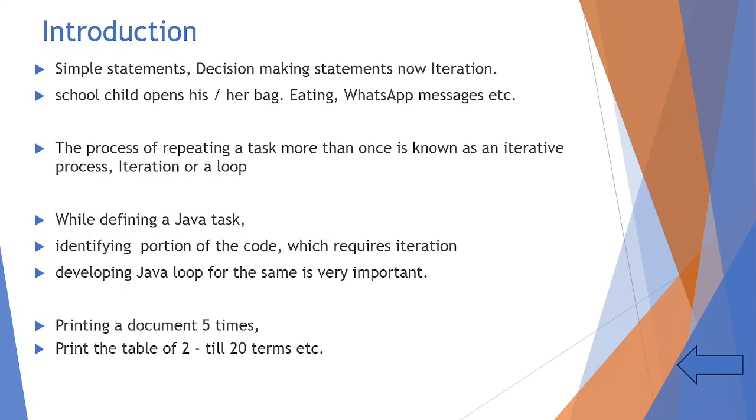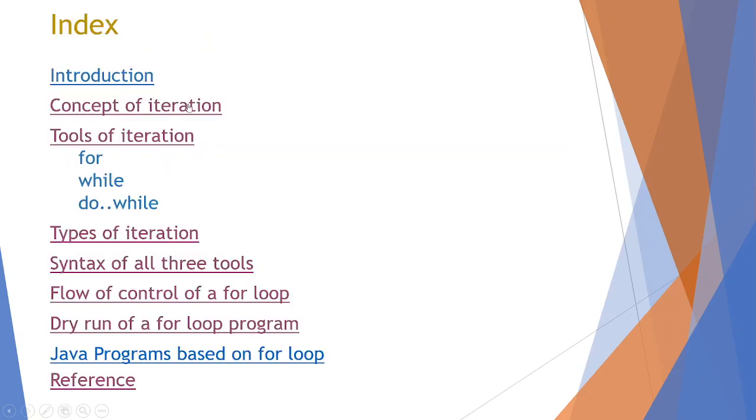For example, using computers, we can repeatedly do things like printing a document 5 times or 10 times, n times, or print the table of 2 till 20 terms, etc. These are nothing but repetition or iteration.